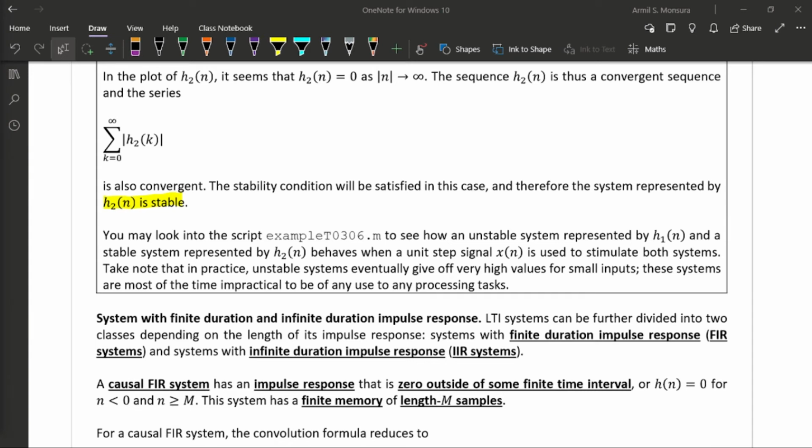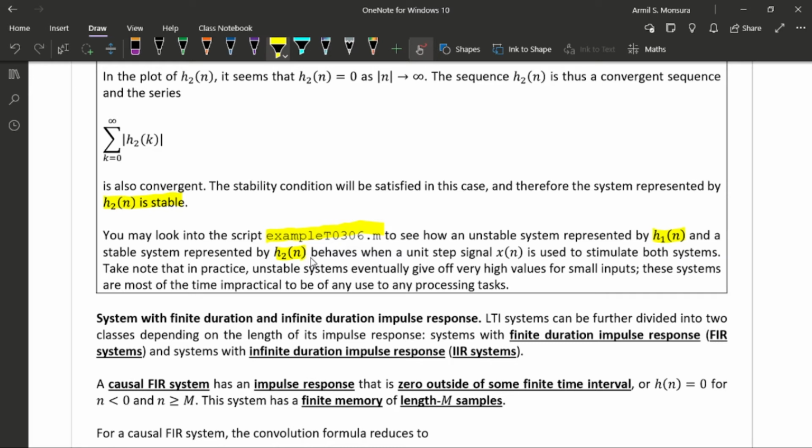Now, you can also take a look at this script, which is provided to you from the link, to see how the step response behaves for H1 and H2, taking note that H1 is unstable and H2 is stable.